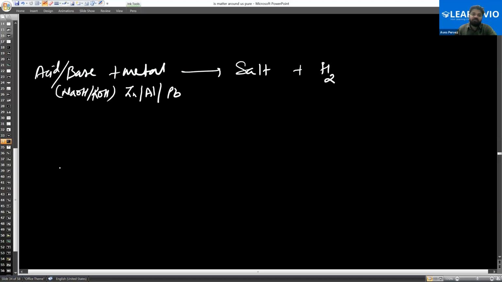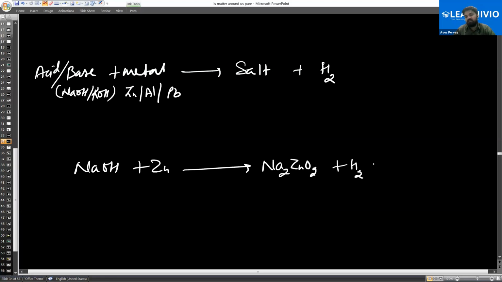If you are reacting a base like NaOH with zinc, it will give you sodium zincate, Na2ZnO2, plus hydrogen gas. This is very important. Sodium zincate.